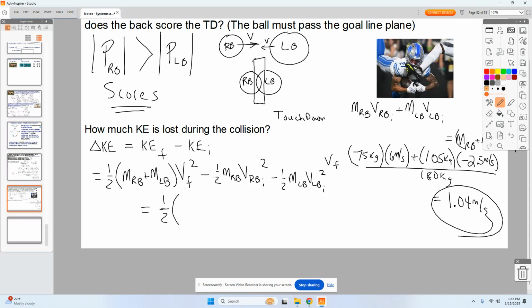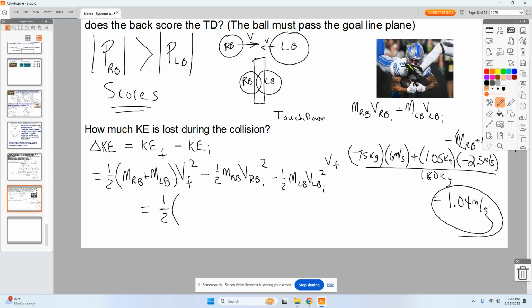Kinetic energy is scalar. Is the energy increasing or is it decreasing? It's decreasing. The kinetic energy after the collision is less than it is before the collision, and so what we calculate here should be negative.